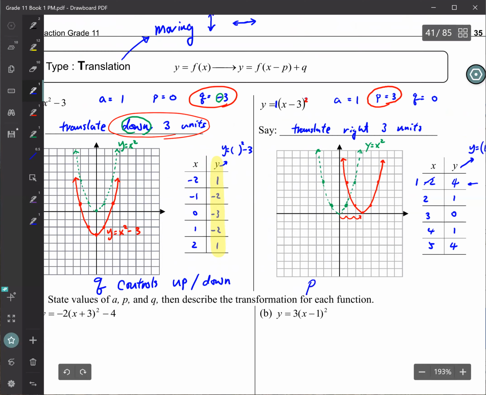So P controls right and left. Okay, so remember left side is negative, down is negative. Okay, so let's highlight this. So this is your rule number 3.